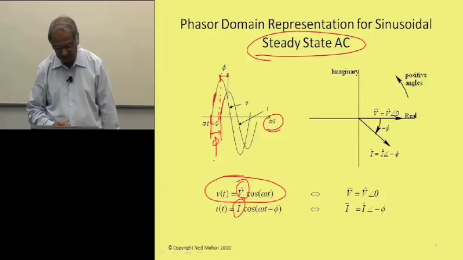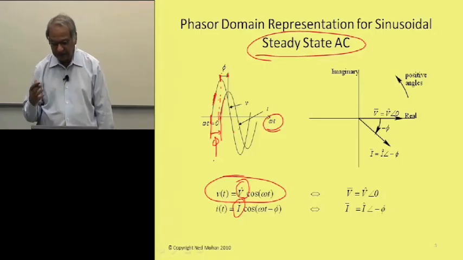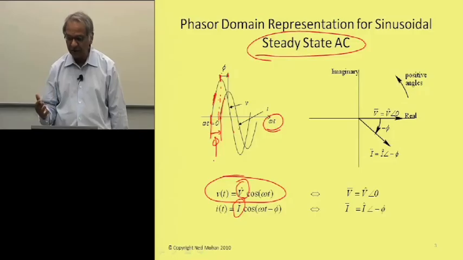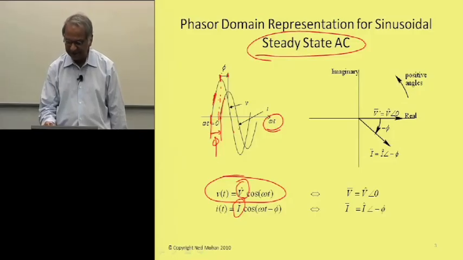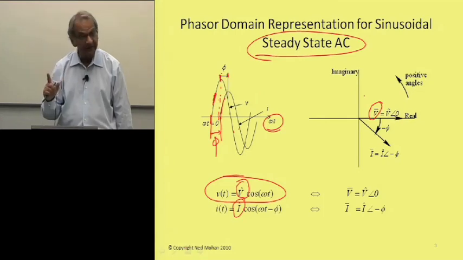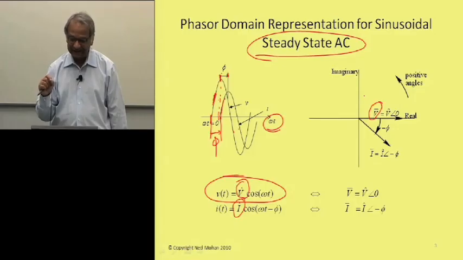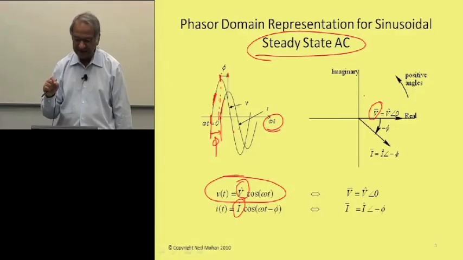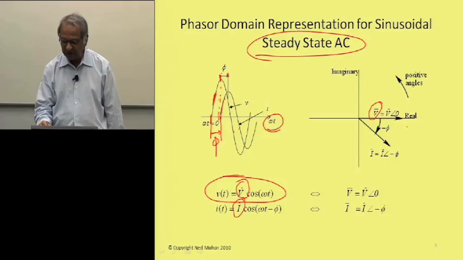So these are the time domain expressions, but we can express them in a phasor domain by defining a voltage vector, which we will first of all represent by an uppercase symbol, and then we'll put a bar on top. So that designates a phasor, and since it was peaking at time 0, it is all along the real axis.